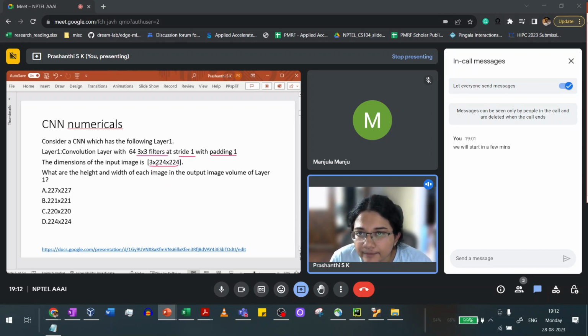So you are given the input, you are given layer 1. You are asked what is the height and width of each image in the output volume of layer 1. You have 4 options. I'll give you a minute to maybe work this out, and then we can take a look at the answer. If you work it out and you get an answer, please feel free to post it on chat. If not, we'll take a look at the solution anyway.